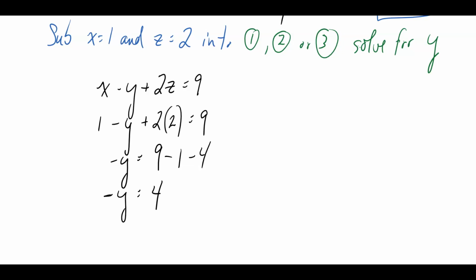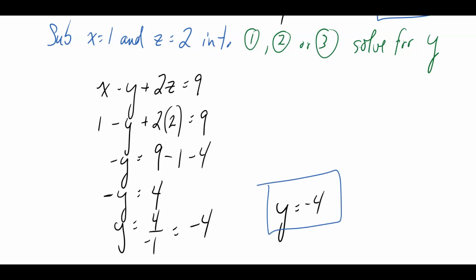Or divide by negative 1, which is negative 4. So y equals negative 4. And there's our answer. We have all three. The solution can be written like this: 1, -4, 2.